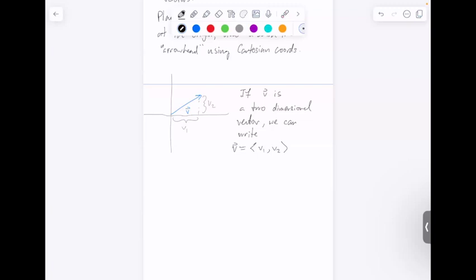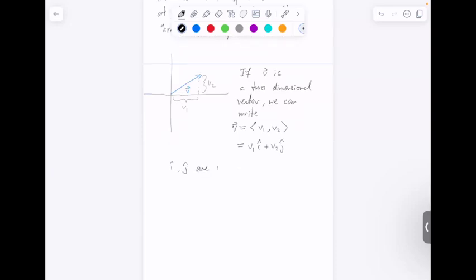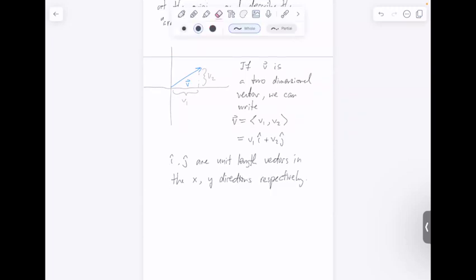Or you could also see it written as v1 i with a little hat on top, plus v2 j, where i and j are unit length vectors in the x and y directions, respectively. That's the case in 2 dimensions.